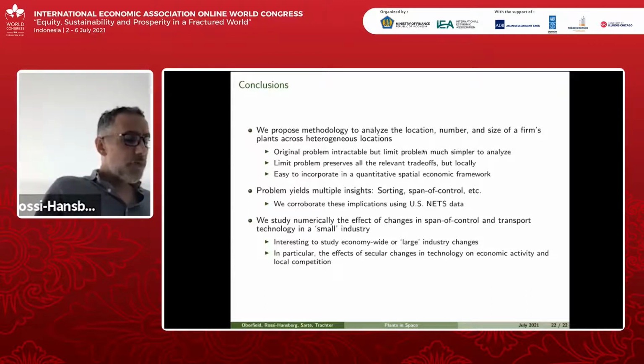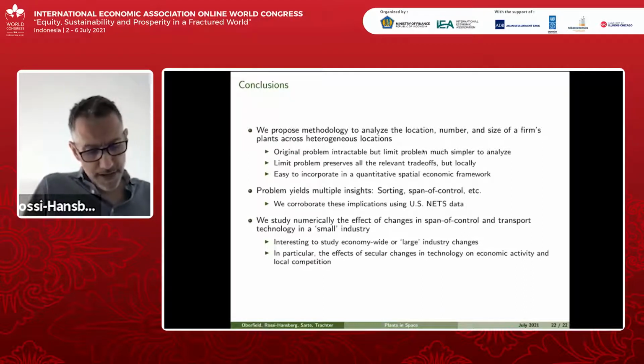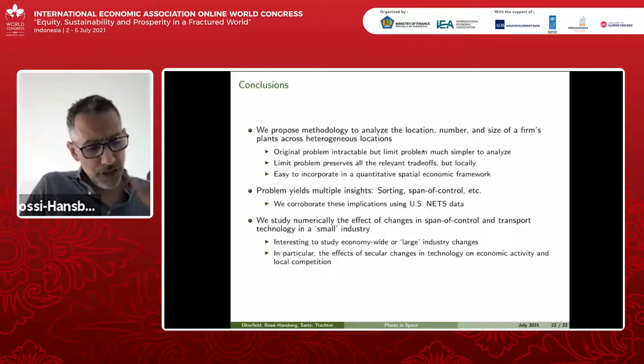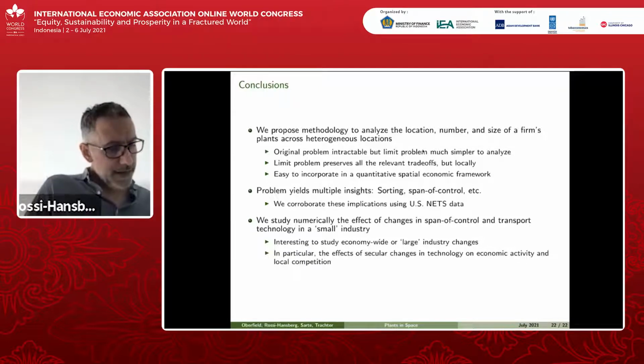So just to summarize, the problem of how many, the size, and where to locate plants, it's of course a core problem of firms. As economists, we would love to be able to solve that problem in a clear and concise way. It's a very complicated combinatorial discrete choice problem. We don't know how to solve it.